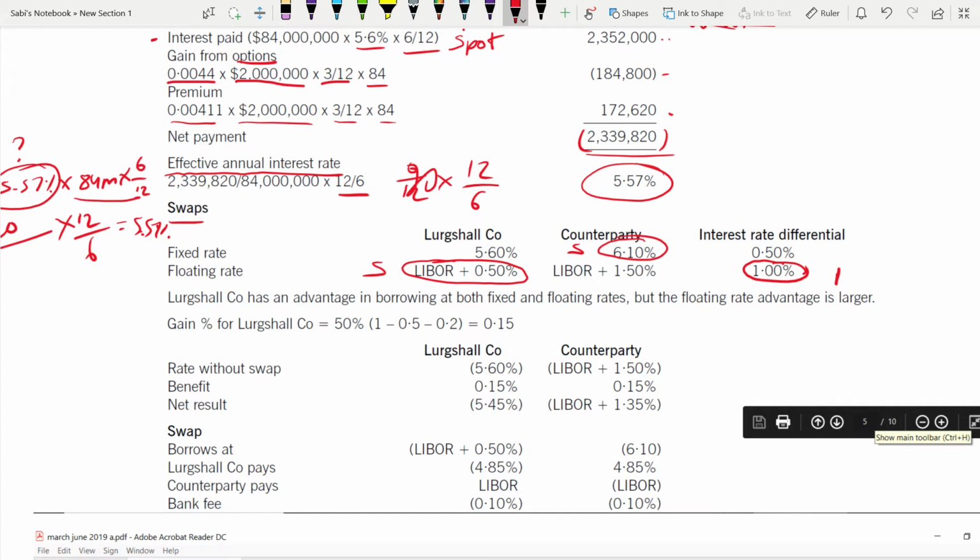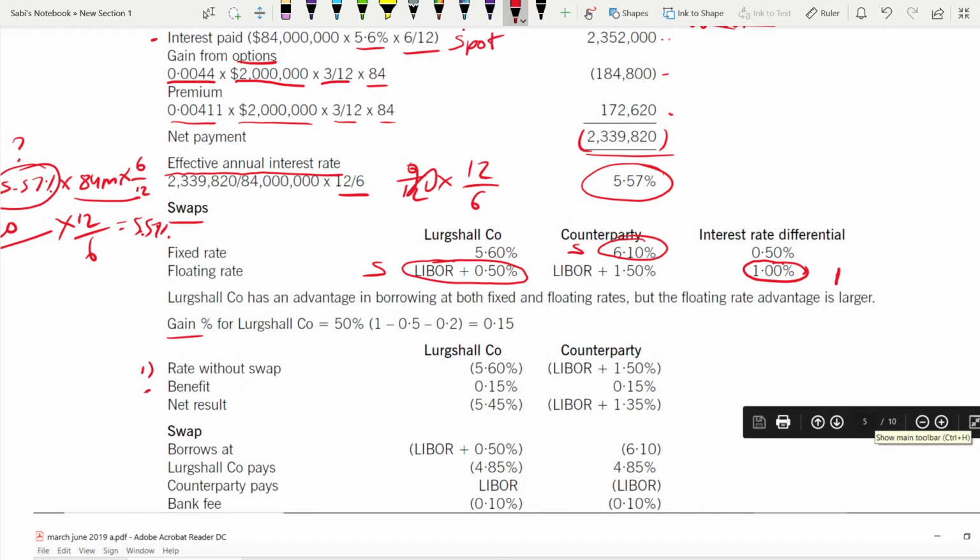Before you put this in table form, you have to calculate gain somewhere else. Before we go to gain, the first line you have to write is without swap, number one.